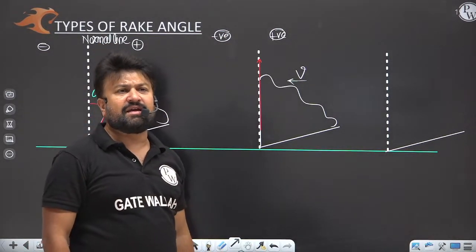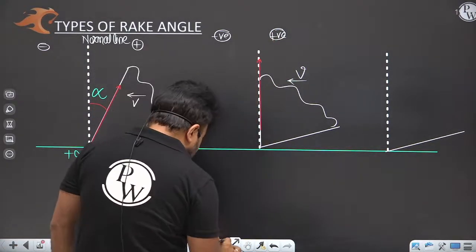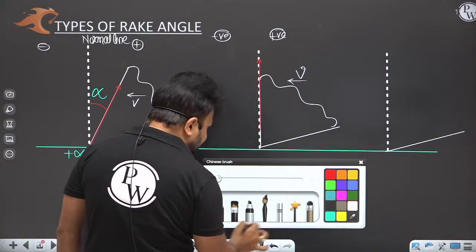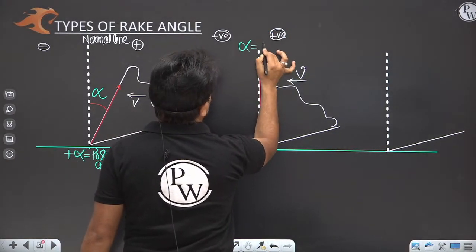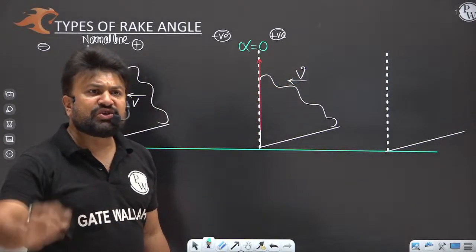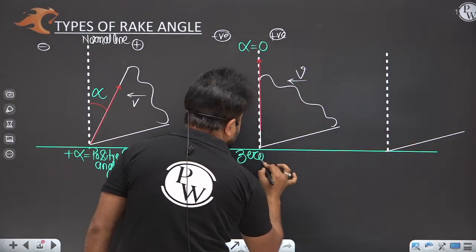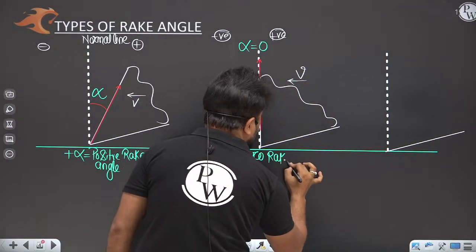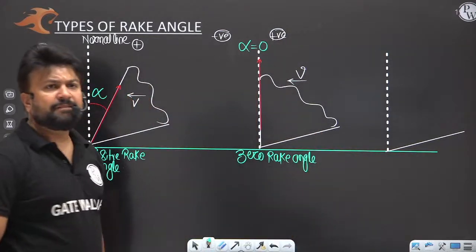Tell me. The inclination is 0. Here alpha, that is the inclination, is 0. So this is a 0 rake angle. Am I clear?